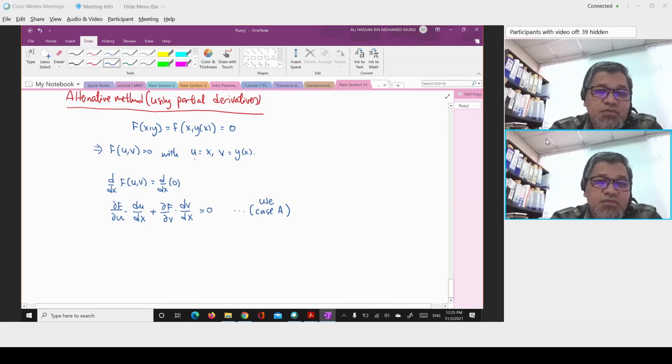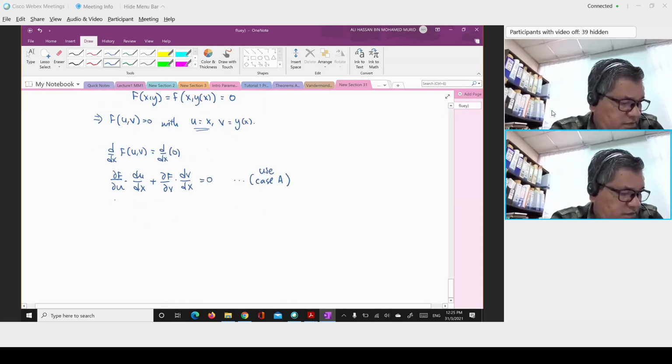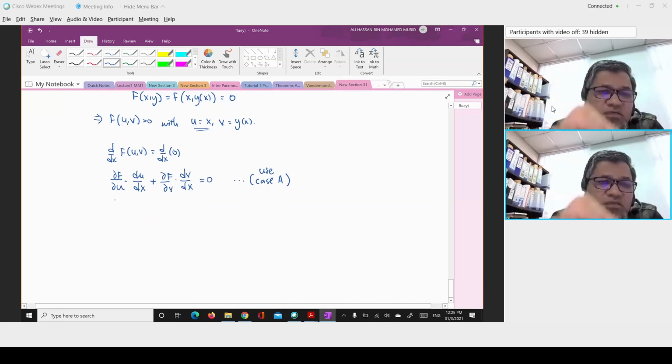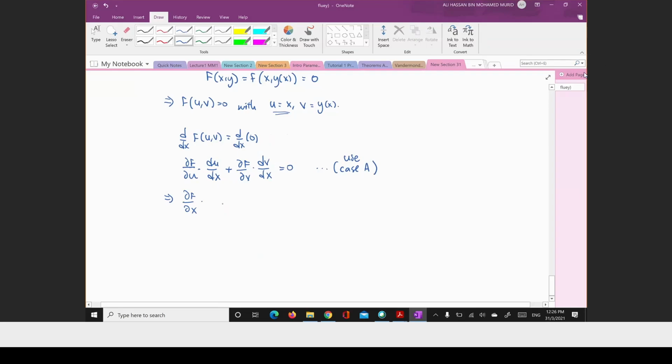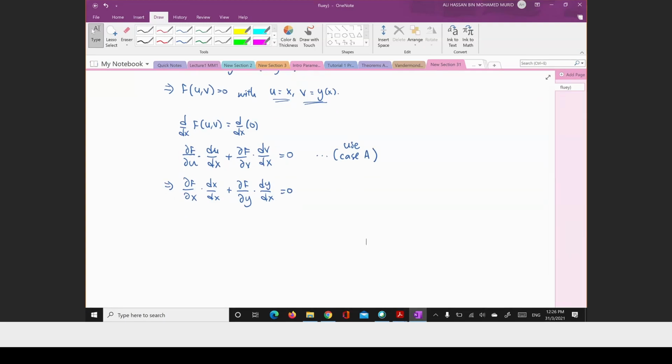But remember, u is equal to x, and v is equal to y. So I replace u by x and v by y in the above equation, and f partial u times du dx becomes f partial x times 1.